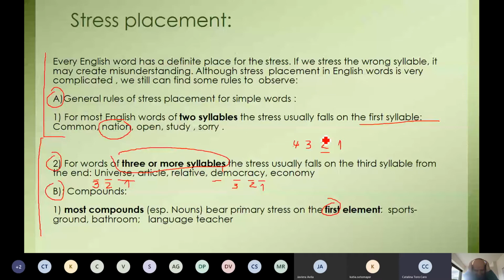Okay. Yes, I think it follows a rule with the words that end in -ation, such as television, presentation, or something like that. They are kind of an exception. That's right. We're going to see that some rules are related to derivatives, or words that have a root to which prefixes or suffixes are added.